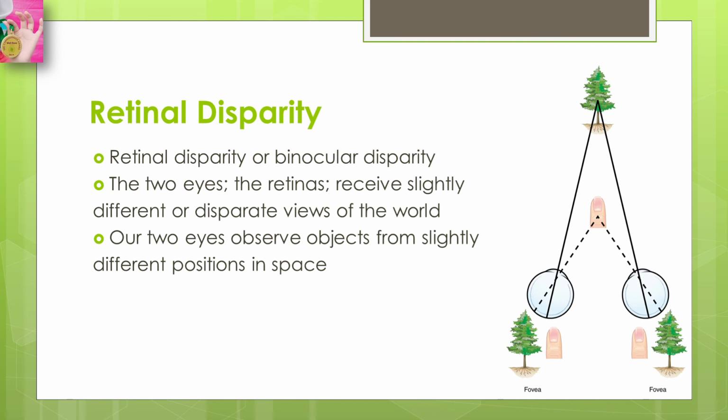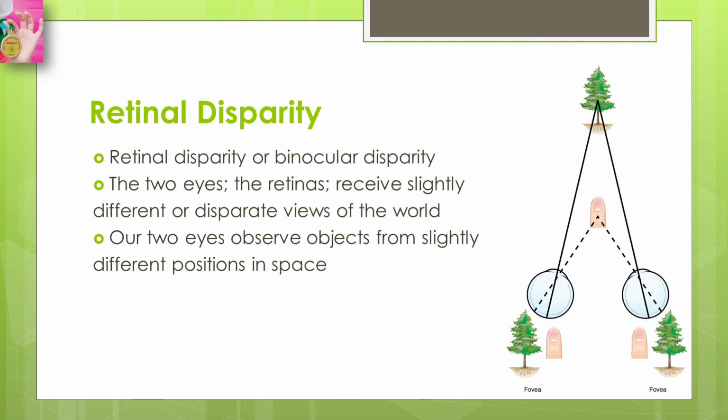Now, our two eyes are separated by a little more than 2 inches, and this separation gives each eye a slightly different view of the world. This can be demonstrated by closing the left eye and holding out the thumb so that one thumb is hidden behind the other. If you now switch eyes, you will notice that you can see a bit of your far thumb at the edge of the near one.